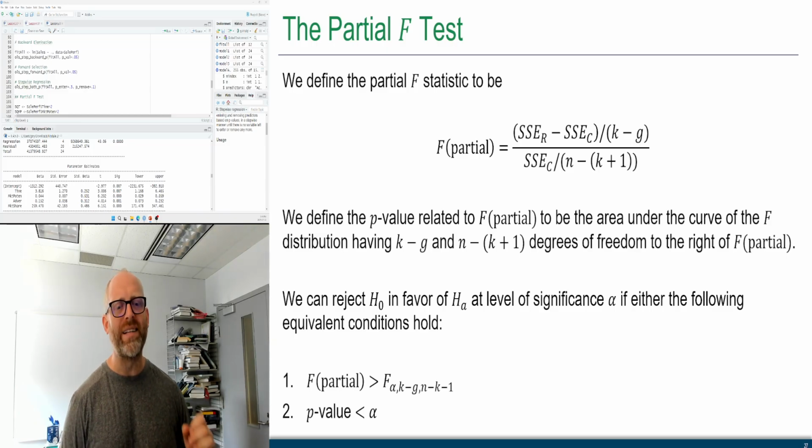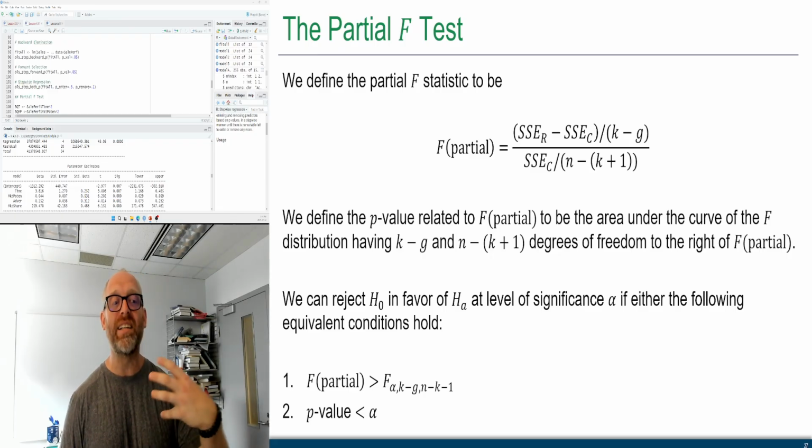Adding more predictors can never increase the SSE. At worst, the SSE will stay the same if the additional predictors have no effect. But at best, the SSE will decrease because the complete model explains more of the variation in the response.